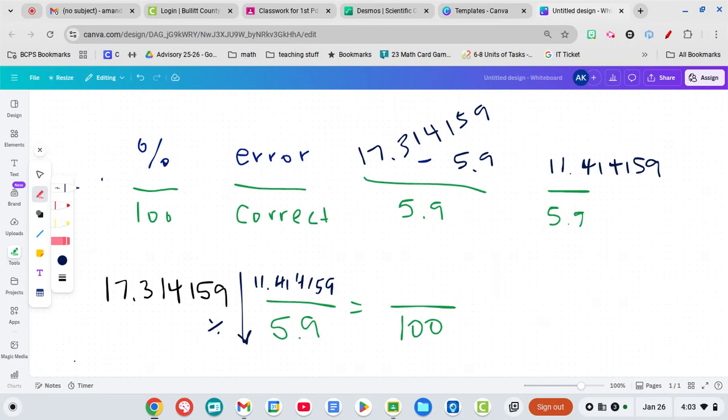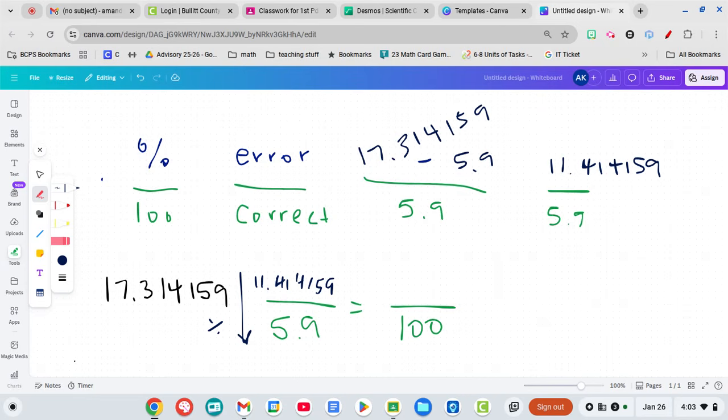Now, I know 11 is close to 12. 5.9 is close to 6, so I know that the top number needs to be about twice as big as the bottom number, right? My numerator is about twice as big as my denominator, so I know when I'm done, my percentage should be close to 200. Not exactly, because we've got all these decimals, right? But it's good to think about what would be a logical amount.